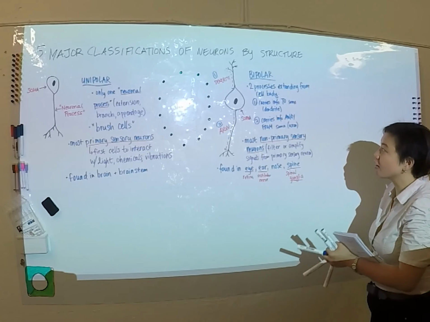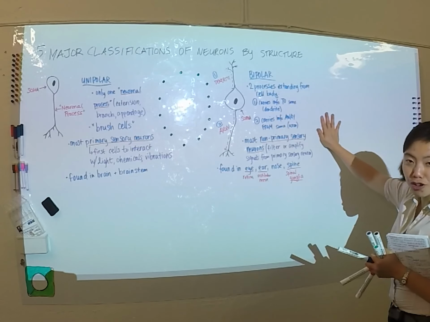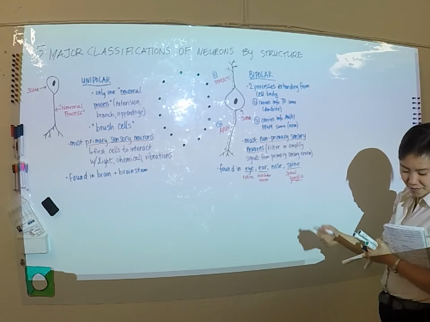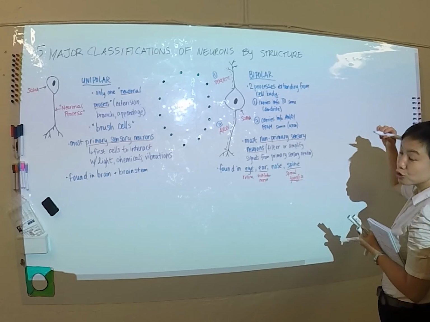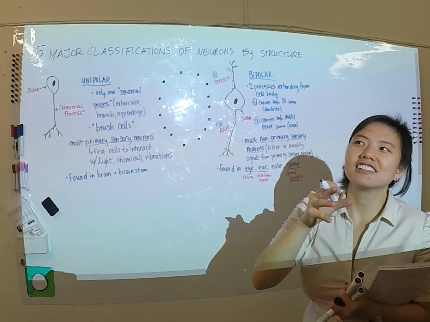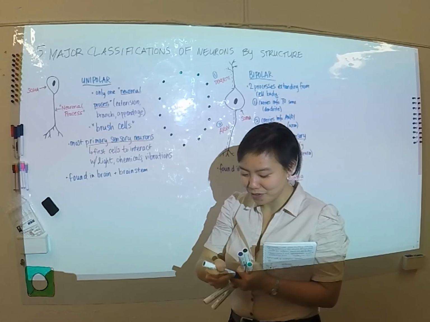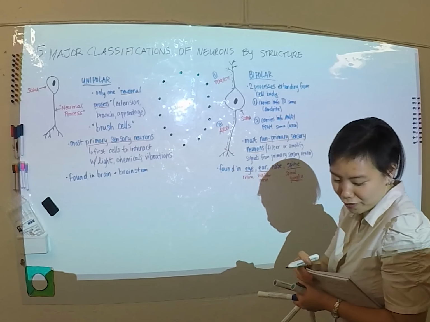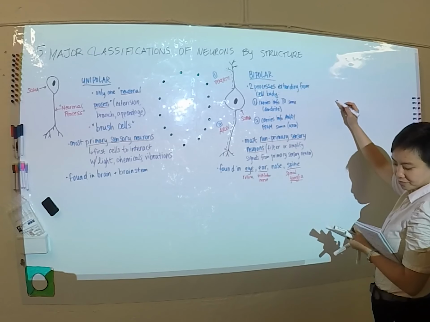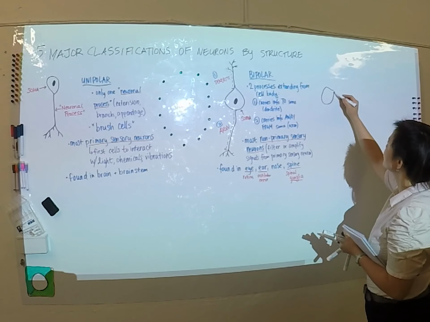Okay? All right. So our next type of neuron structure, it's got a bit of a longer name. It's called pseudo-unipolar. So pseudo is like fake, and then unipolar, we already knew. So here's what it looks like. Let's draw it first, okay? So pseudo-unipolar, it does have a cell body, just like the rest of them.